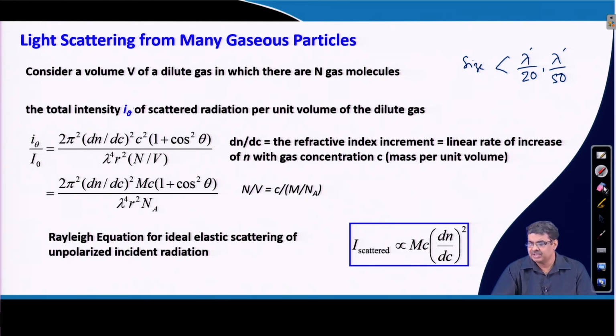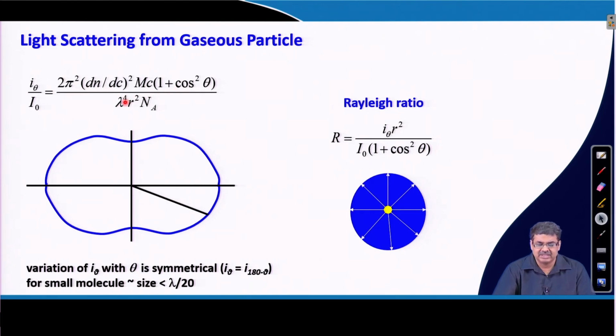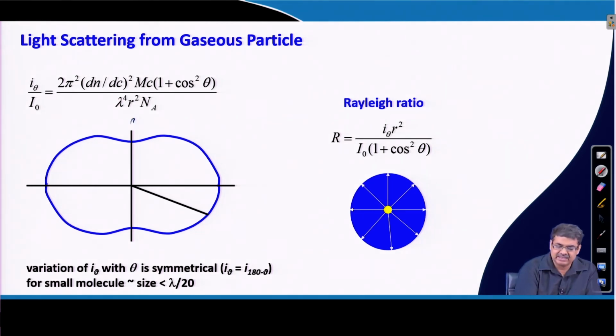We have seen this expression, so we just bring it into this slide, and the scattering envelope basically looks like this. The scattering angle is 90 degrees here, this is 0 degrees, this is 180 degrees, and this is 270 degrees.